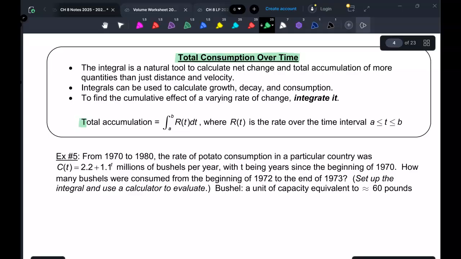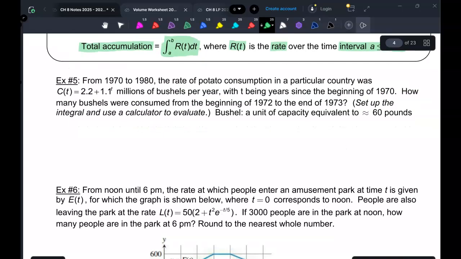In this case, when we're looking for a total accumulation, we want to integrate the rate, and that will get our total accumulation. So R of t is any rate over an interval from a to b. All of this is calculator okay, so all you need to do is show the integral and plug it into the calculator.